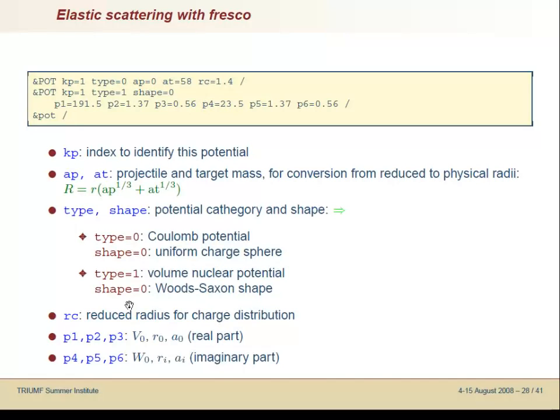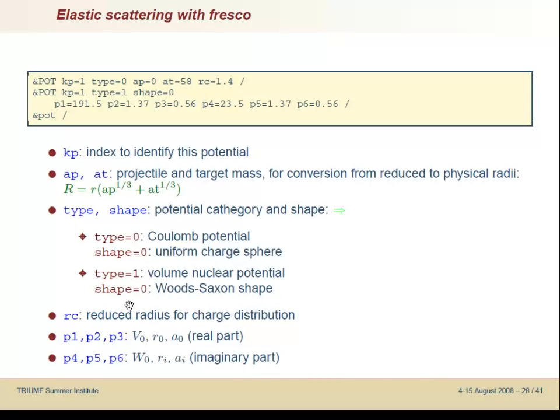The meaning of these parameters will depend on the type of potential that we are using, and the geometry of the potential that is defined through this shape. That is also maybe confusing, because if you are using, for example, a Gaussian potential, then obviously the radius will enter in a different expression. Or you can use Yukawa or whatever.